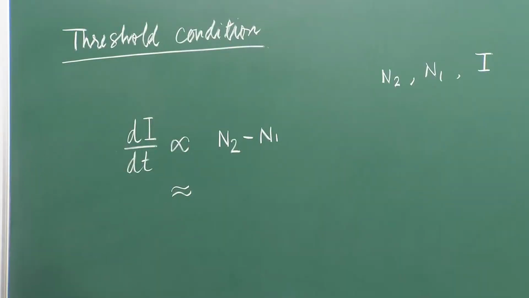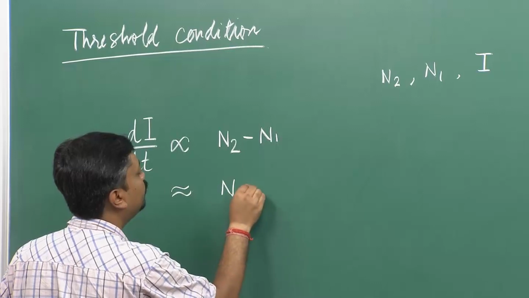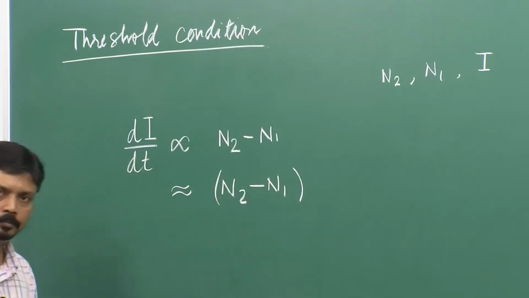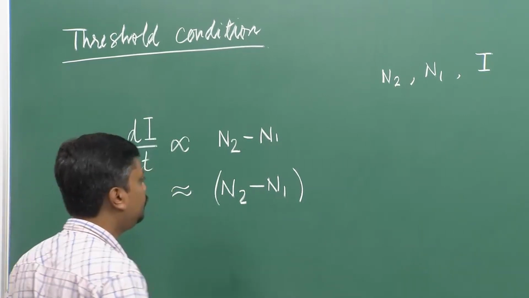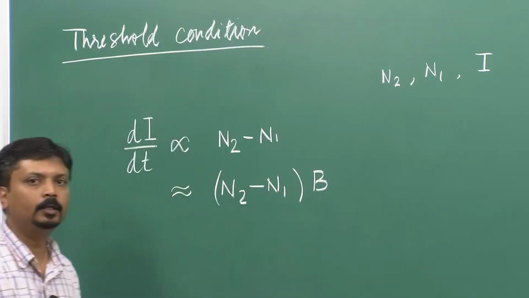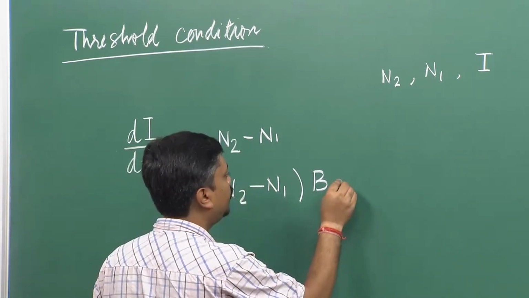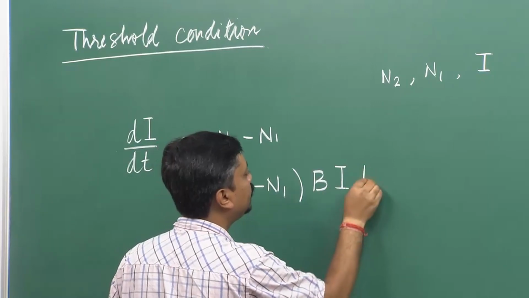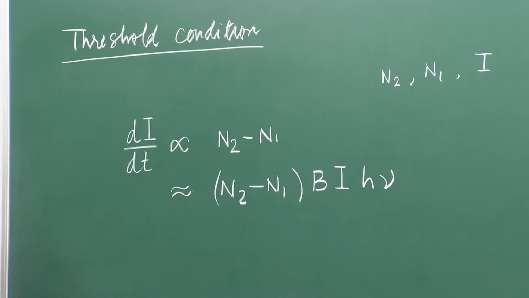We can write this in a very similar way as we have already learned in the first week of this lecture series, with a rate constant for stimulated emission into the initial intensity, like this.